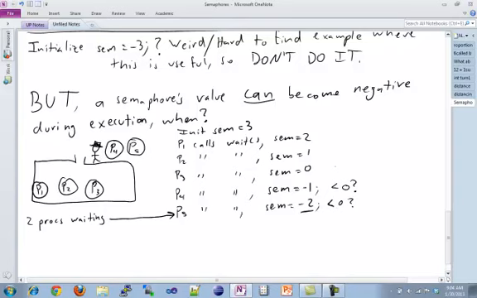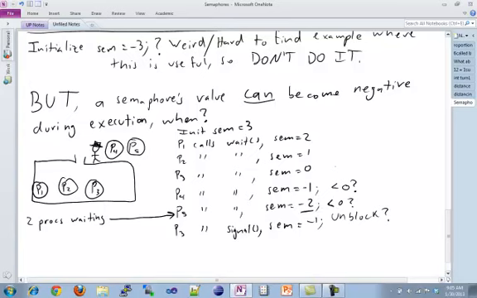So let's assume that process 3 calls signal. Signal is going to increment the value of our semaphore. So it's back to -1. We don't check its value. We don't check if it's less than 0 or anything like that. We just check if there's anyone we can unblock.